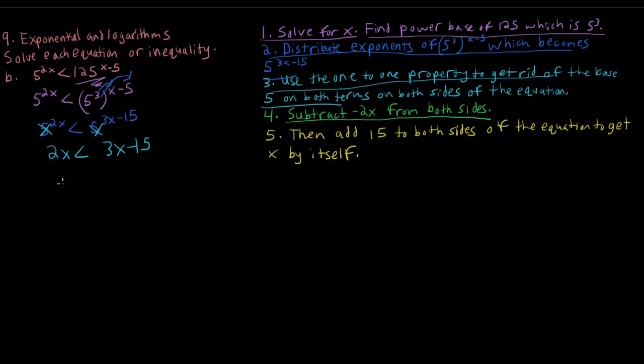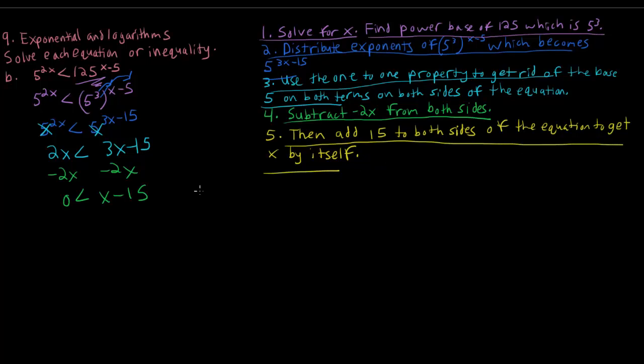So 2x minus 3x, we end up with negative x is less than negative 15. Then finally, to get x by itself, we can just divide by negative 1, which flips the inequality, so x is greater than 15.